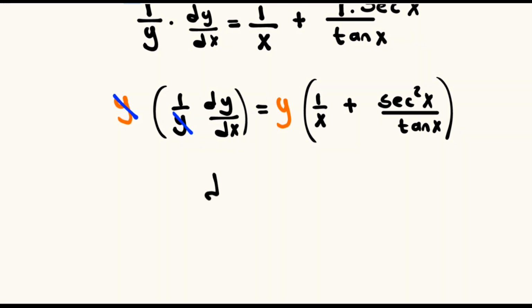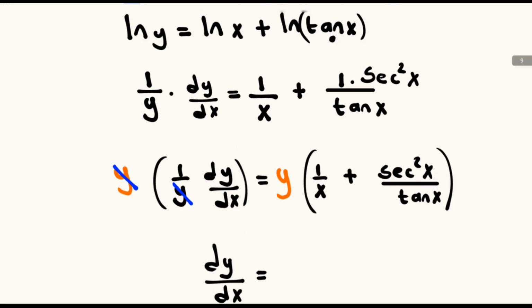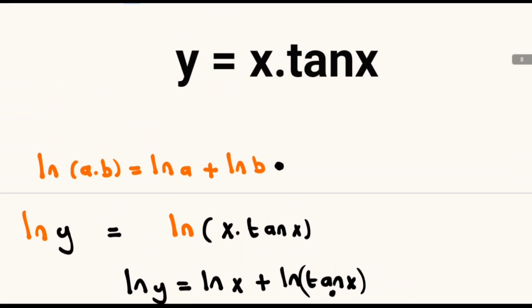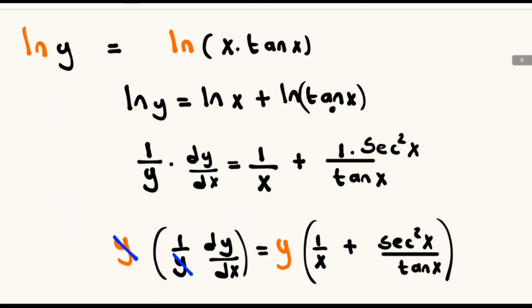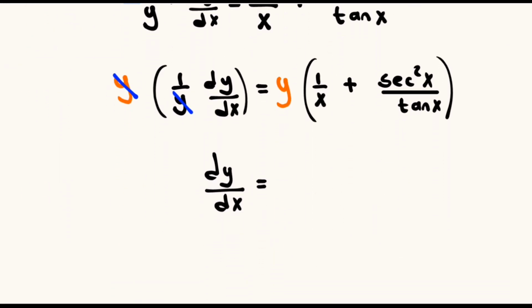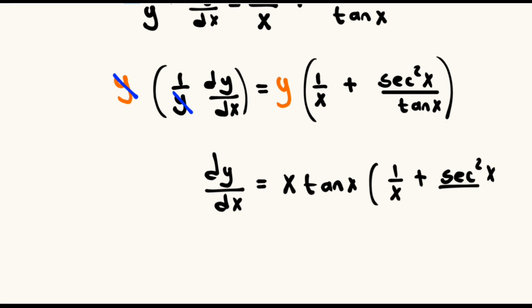So the derivative of the y with respect to x will be equals to the y. So our y was given as x multiplied by tan x. So in the place of the y, let's substitute back x multiplied by tan x into 1 over x plus sec squared x divided by tan x.